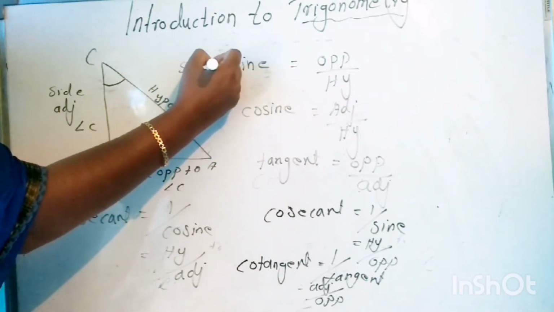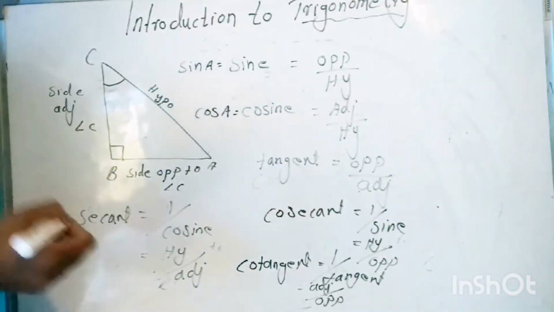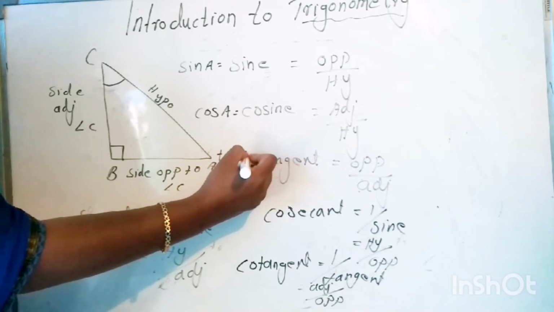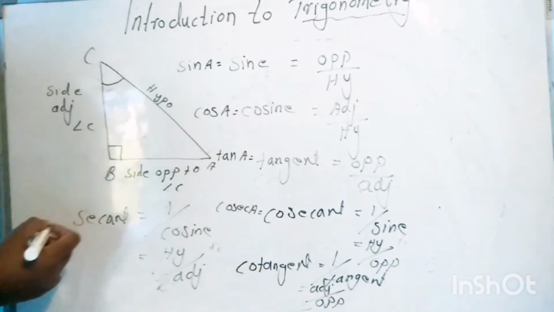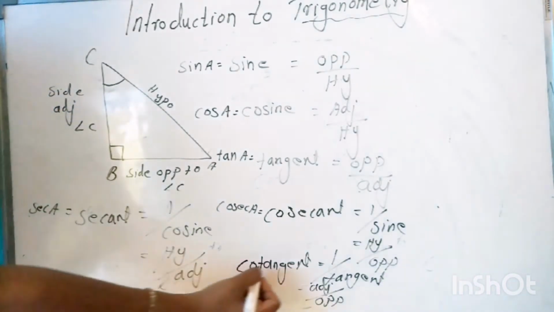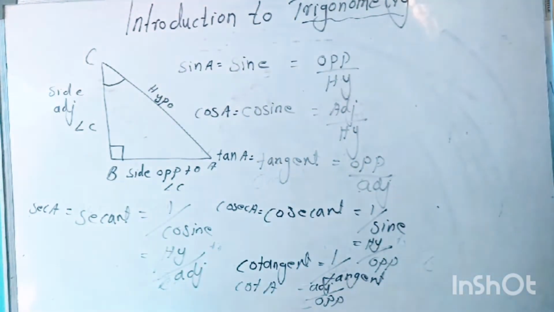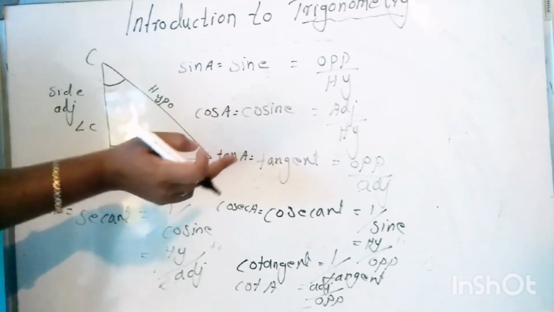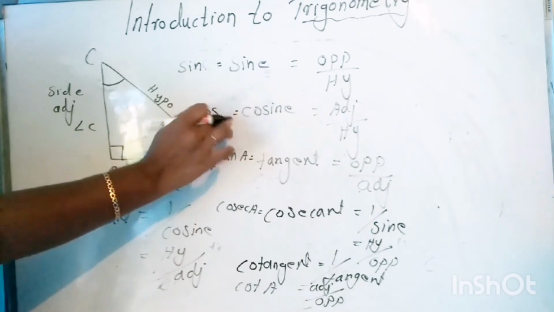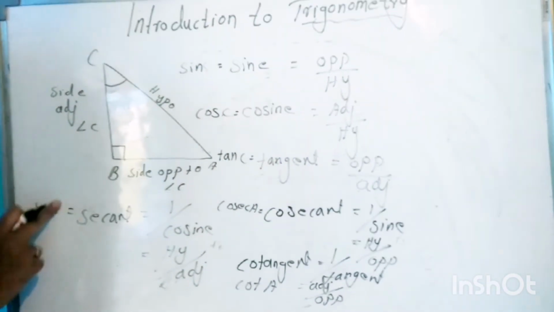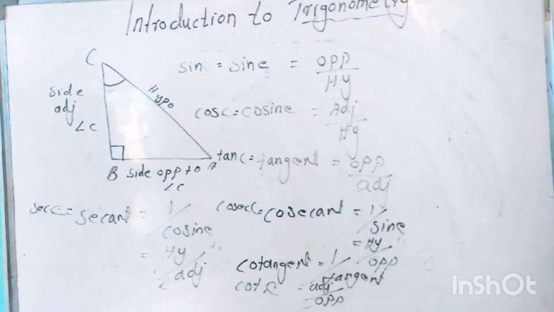If the angle is A, sine is written as sin A, cosine as cos A, tangent as tan A, cosecant as cosec A, secant as sec A, and cotangent as cot A. Here the angle is A. If we are taking the angle C, then sin C, cos C, tan C, sec C, cosec C, and cot C we will have. Only the angle will vary.